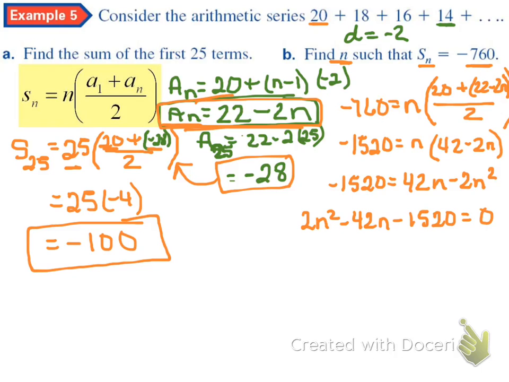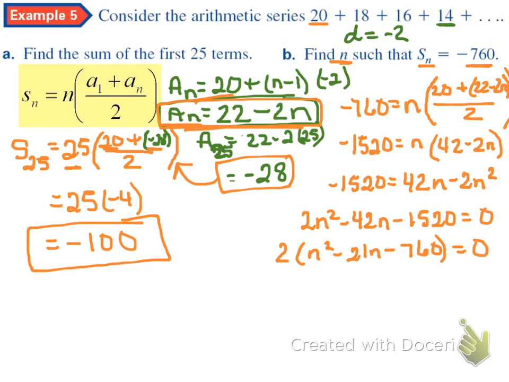Every term is even, so let's factor out the 2. We have n squared minus 21n minus 760 is equal to 0. Now we would need to factor.